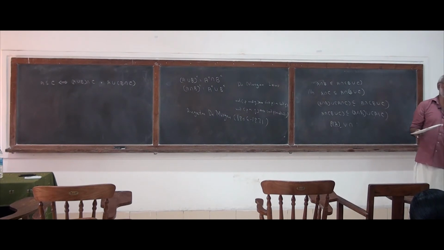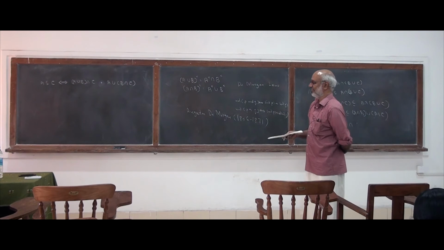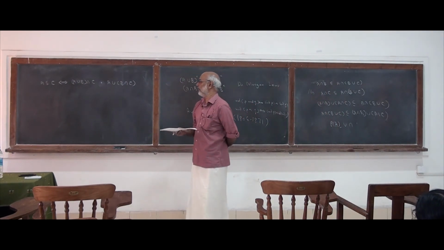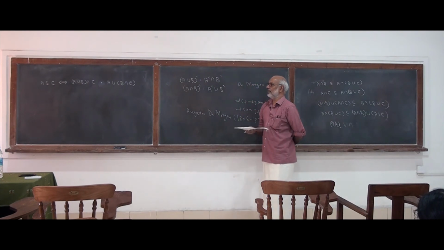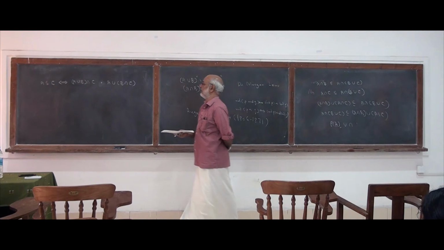I am suggesting this as an exercise for you. That is, A is a subset of C if and only if A union B intersection with C is the same as A union B intersection C.